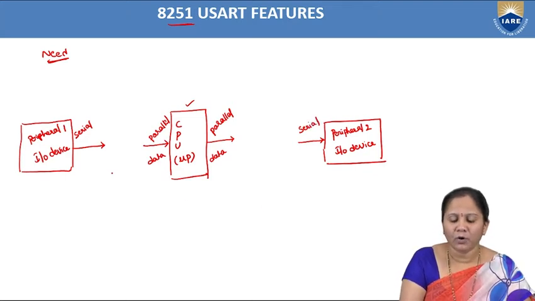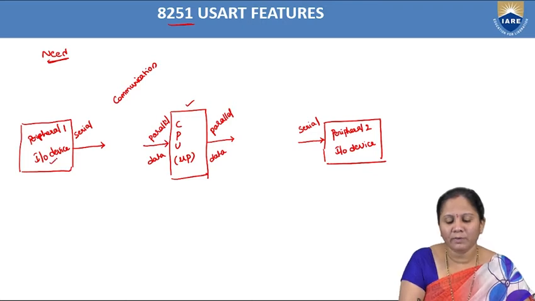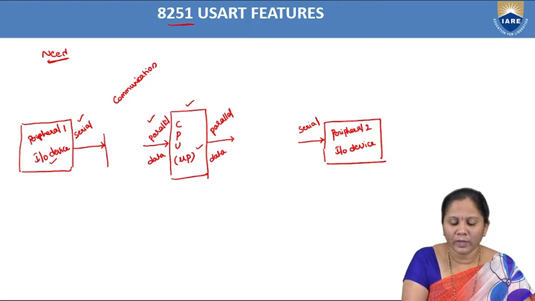So in order to have communication, that is data transfer between this IO device and this microprocessor, this serial data should be converted into parallel data. For that conversion, we need one IC which will perform it.